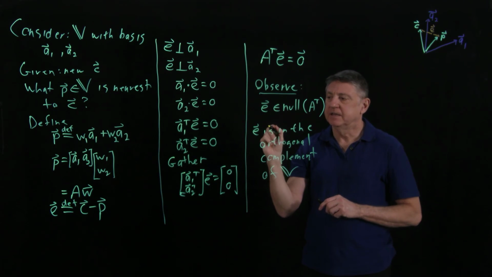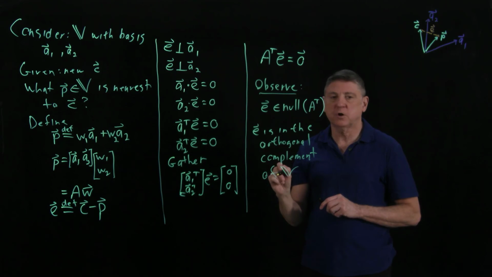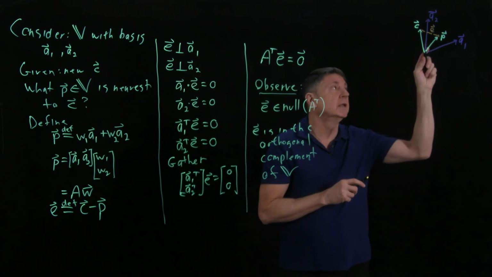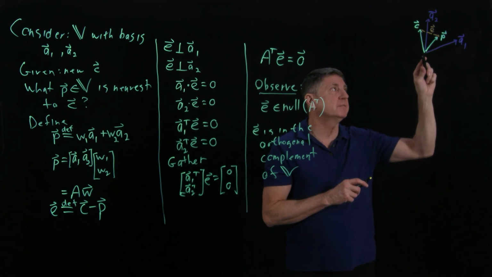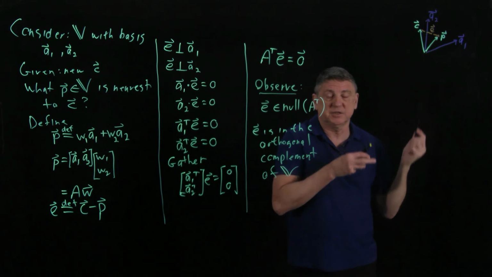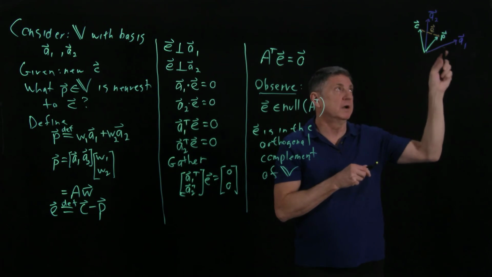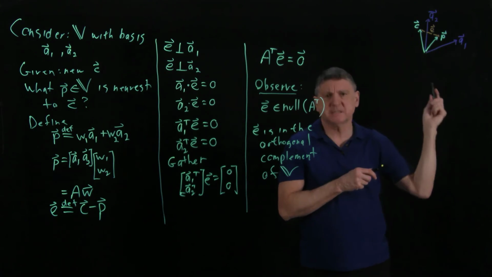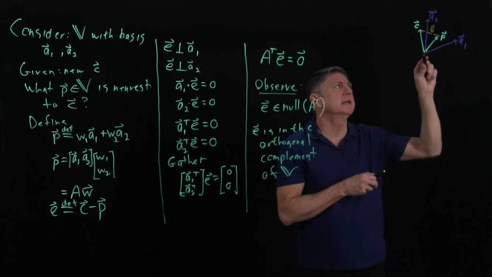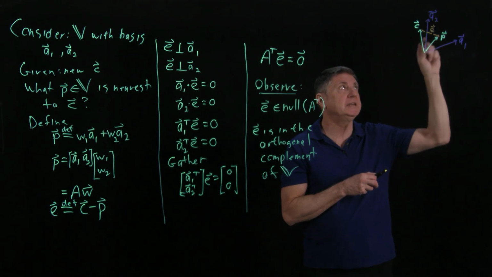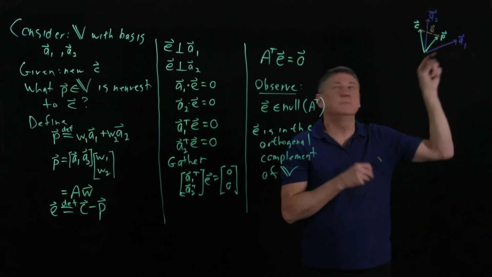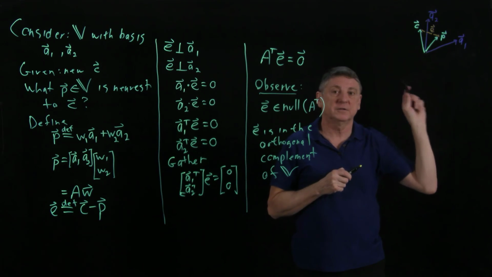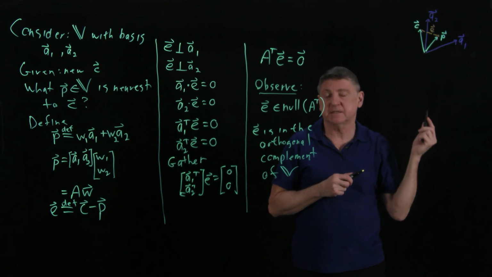That means that the error vector must be in the orthogonal complement of V. What does that mean geometrically? The vector space V is some 2D space in some m-dimensional coordinate space. Let's imagine that the bigger coordinate space is 3. If this is a 3D picture, then the vector space V that has a basis of 2 of these is a plane in 3D space that includes the origin, because that's the definition.